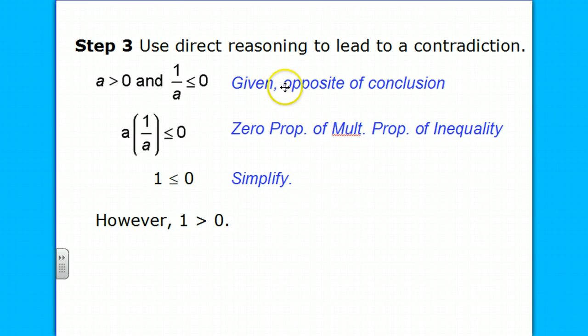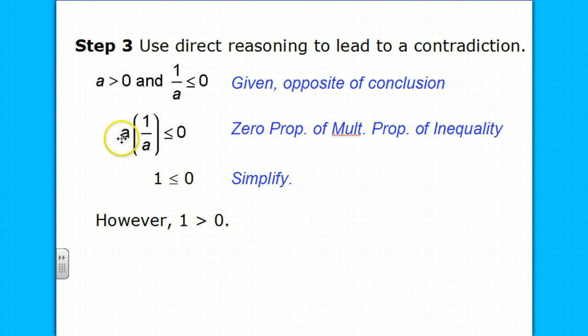And then we'll use direct reasoning to lead to a contradiction. Okay? So we write our assumption. If A is greater than 0, then 1 over A is less than or equal to 0. This has the opposite conclusion, right? And then let us see, what do we do to both sides here?